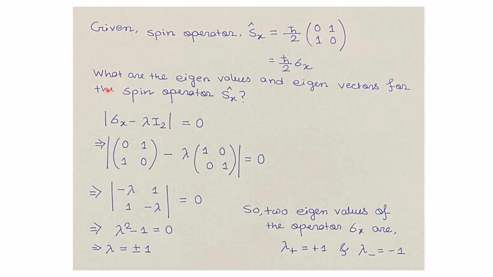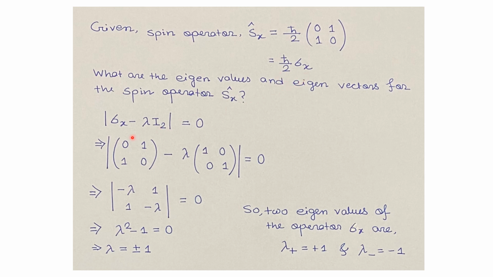Now we have to find the eigenvalues and eigenvectors for the spin operator Sx cap. So essentially we will find the eigenvalues for sigma x, then we can easily find the eigenvalues for the Sx cap operator. We will multiply ħ/2 with the eigenvalues of the sigma x or the Pauli matrix.